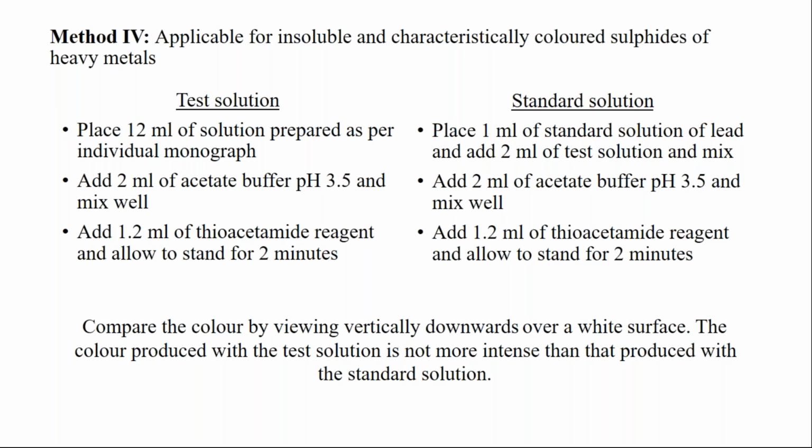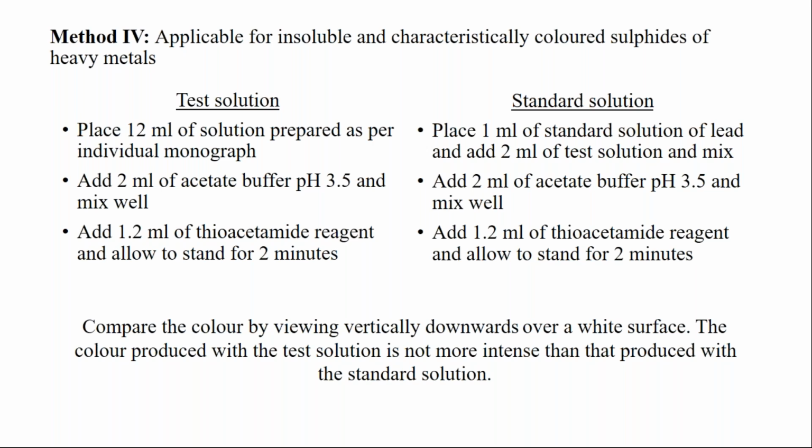Okay, let's look at the procedure for this method 4. Under the test solution, you're going to place 12 ml of solution prepared as per the individual monograph. To this, you add 2 ml of acetate buffer, which has a pH of 3.5, and mix well.